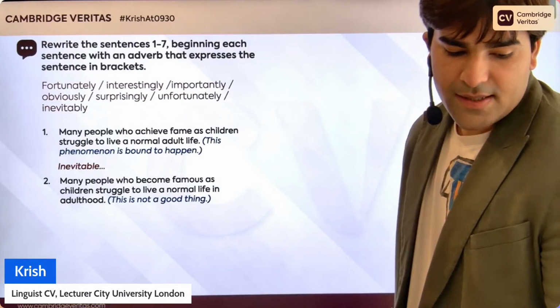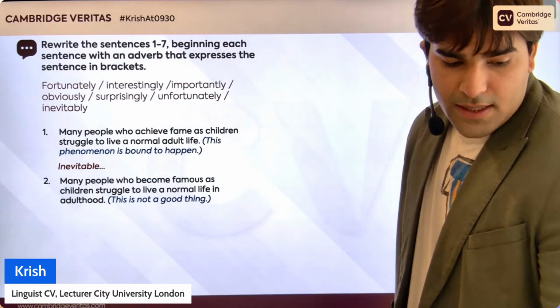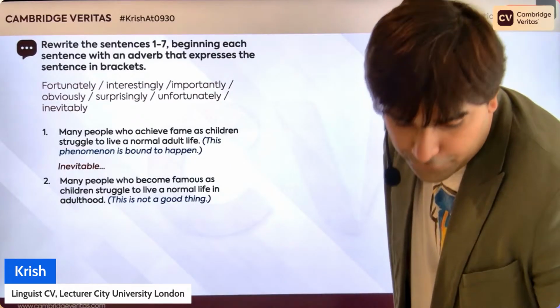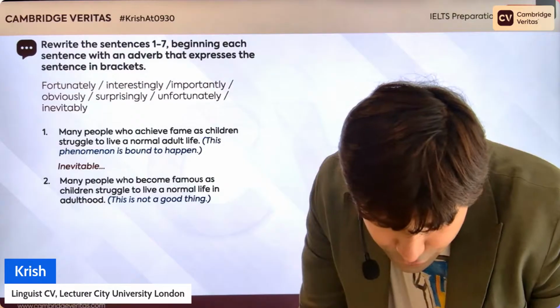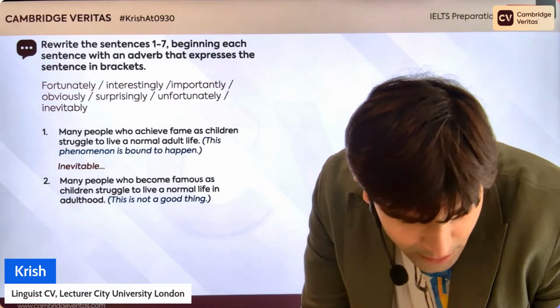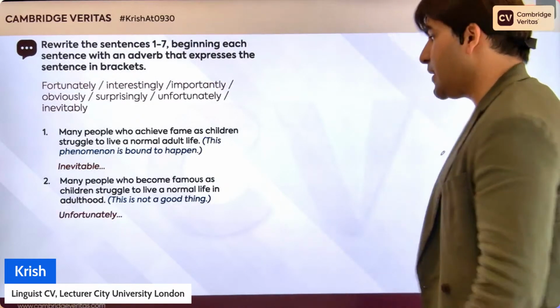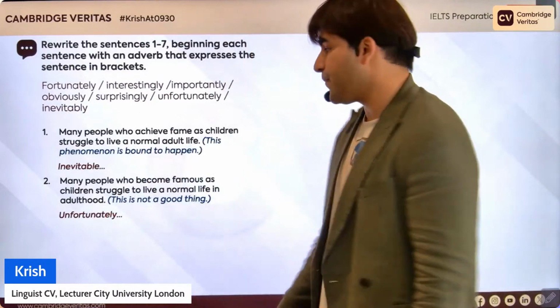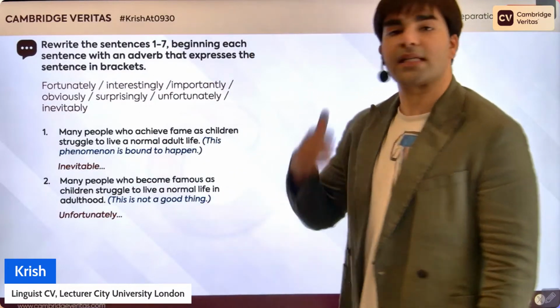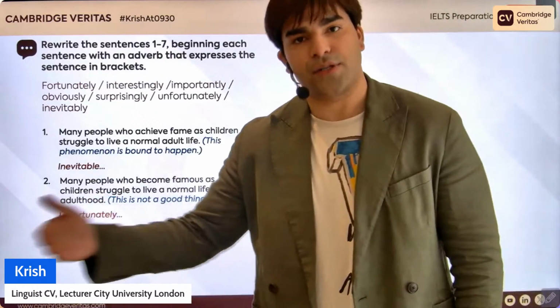These are the 7 sentences that I was talking to you about. Unfortunately, okay, I see. Prathama, Hansini, Priya, Divya, Philip. Excellent, guys. So it is unfortunately. Now you start the sentence with this word: unfortunately, many people who become famous did. So that's how it proceeds.